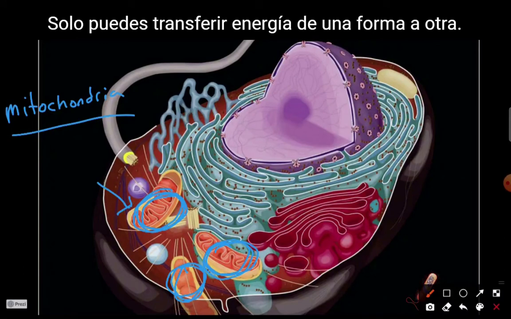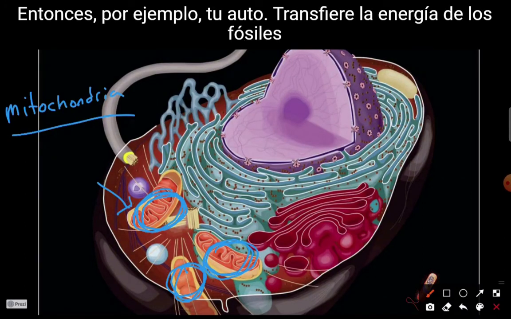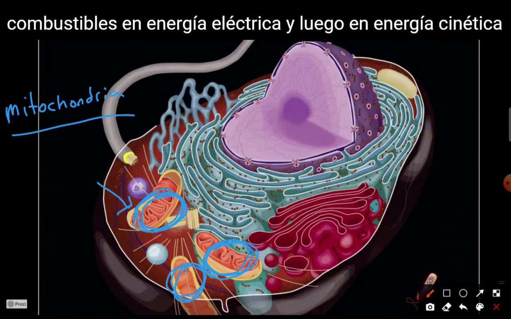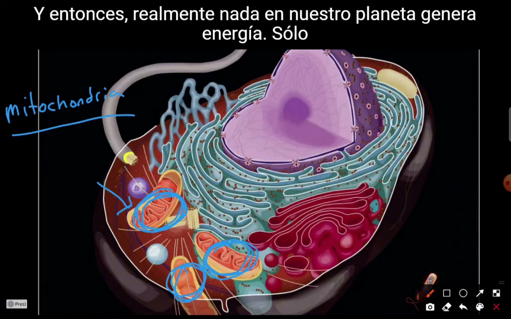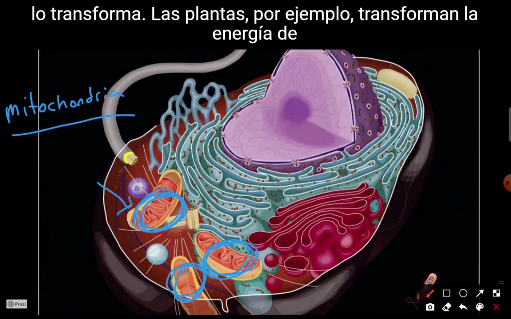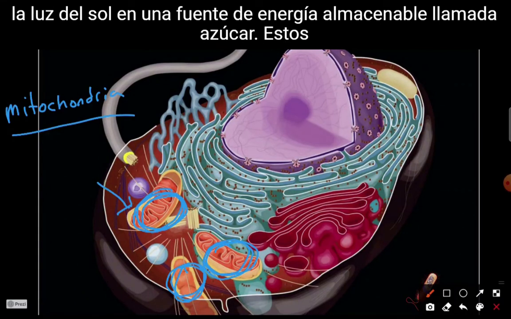You can only transfer energy from one form to the other. So for example, your car, it transfers the energy of fossil fuels into electric energy, and then that into kinetic energy, which is movement. And so really, nothing on our planet generates energy. It only transforms it. Plants, for example, transform the energy from sunlight into a storable energy source called sugar.